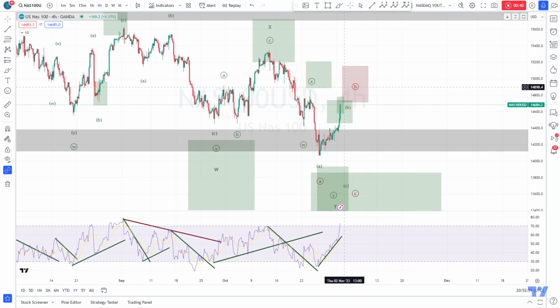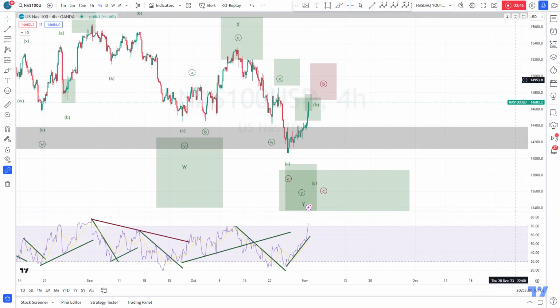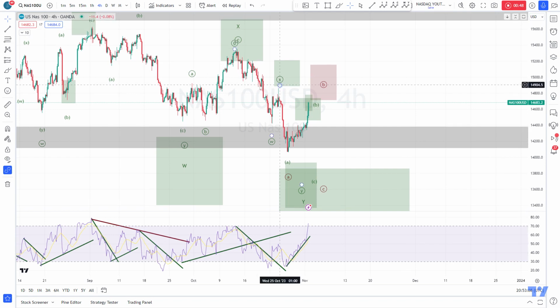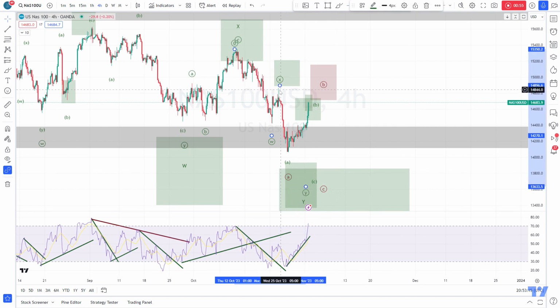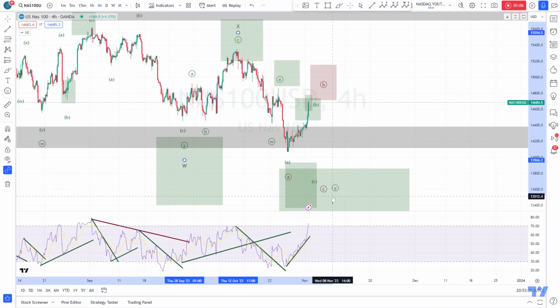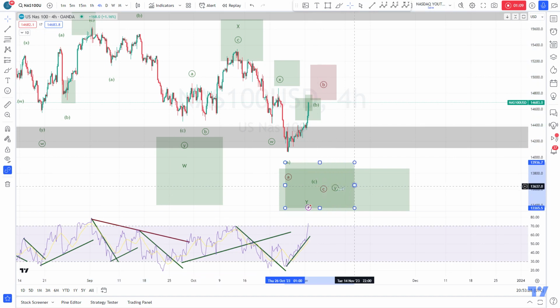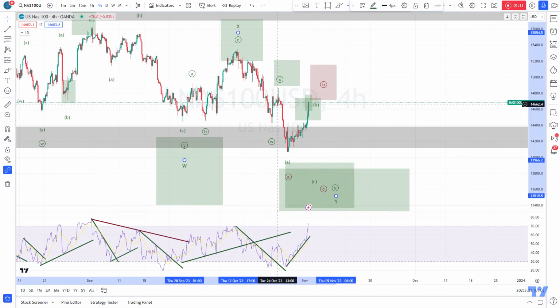First of all, the scenario in green assumes that we are working here on a wave Y. So we had a wave W down, wave X up, and so now we should have a wave Y down to finish this wave Y into this area right here.